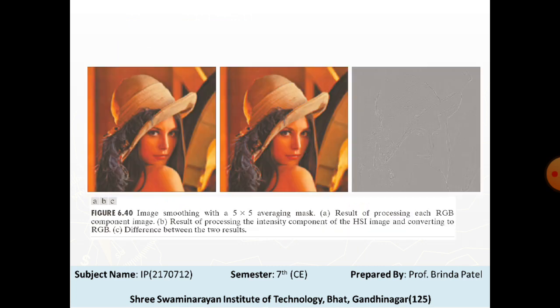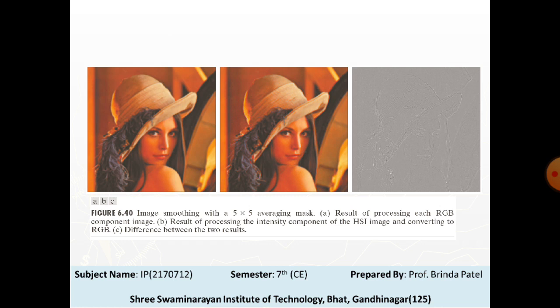The smoothed color image is here. Note that it is similar to this figure, but as you can see from the difference images here, the two smoothed images are not identical.